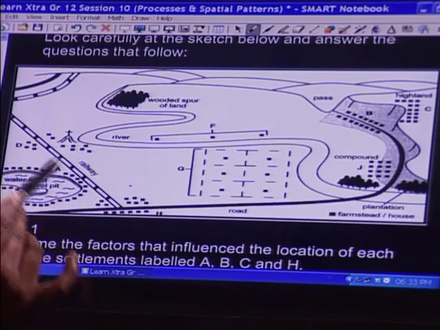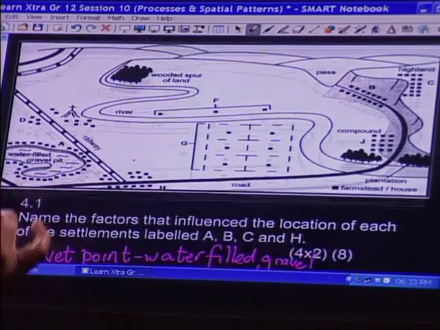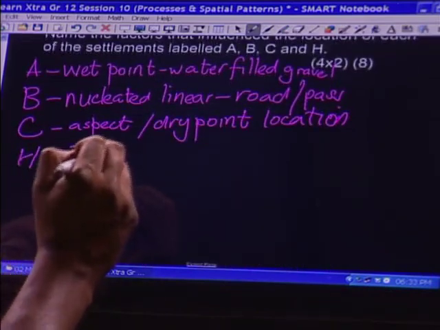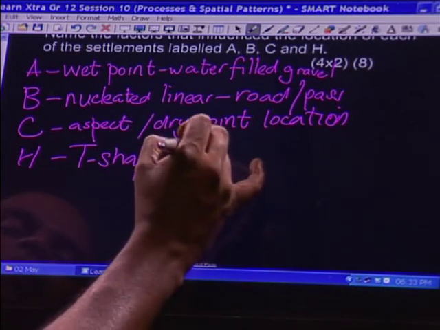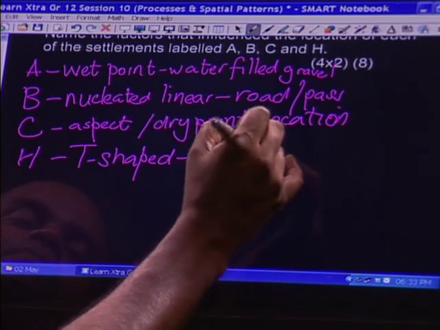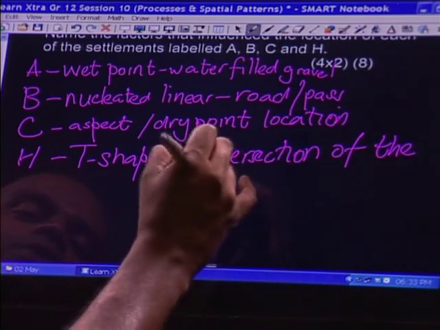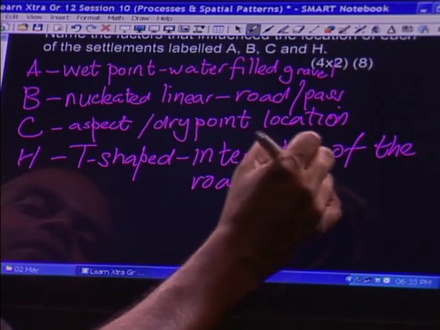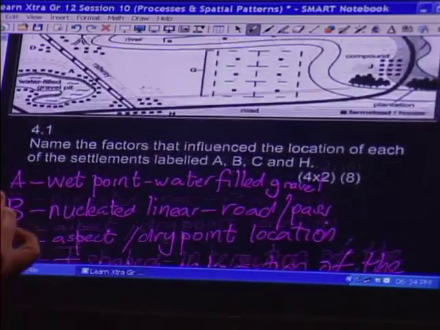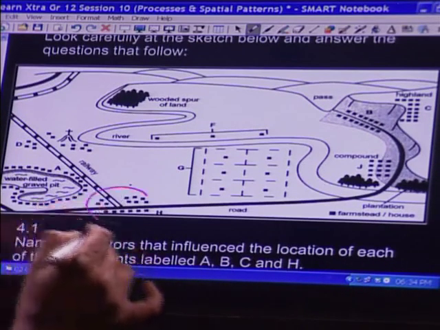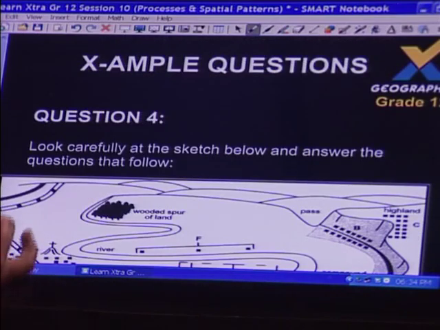Note the following: the railway intersects the road at a T. So this is a T-shaped settlement, and the settlement is influenced by the intersection of the road and railway. It's a T-shaped settlement. Let's move on to the next question.